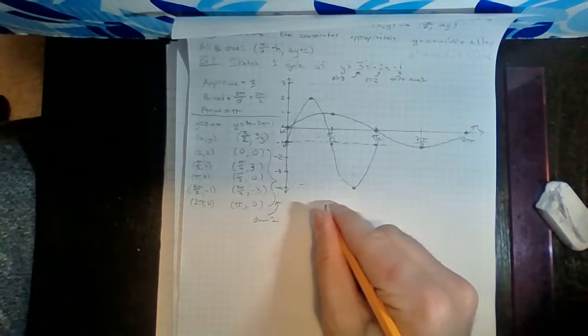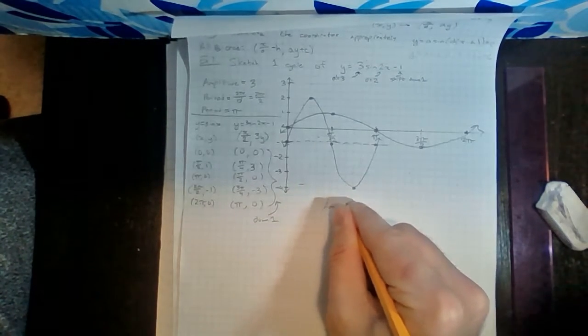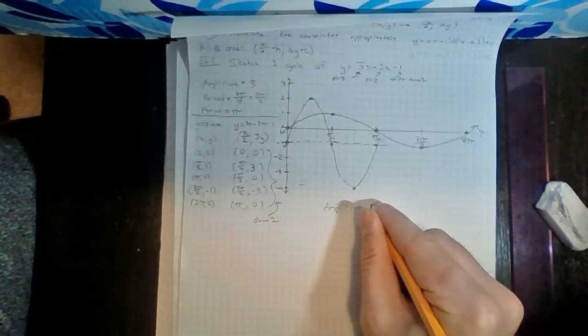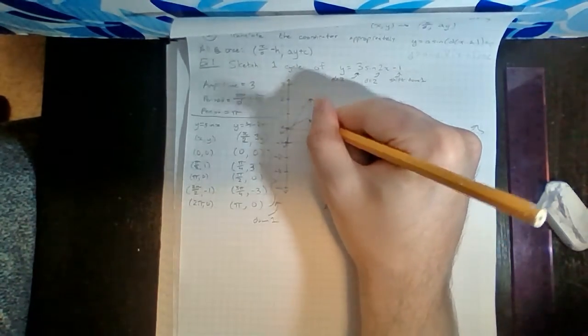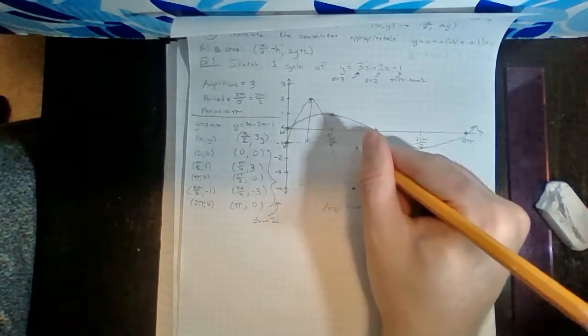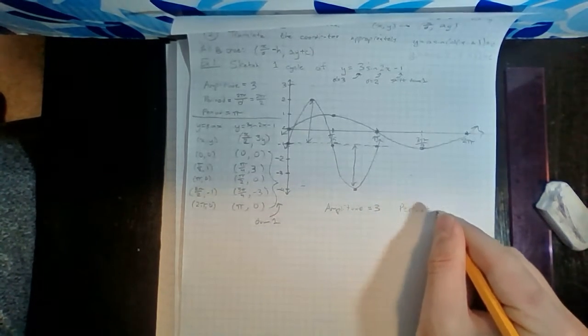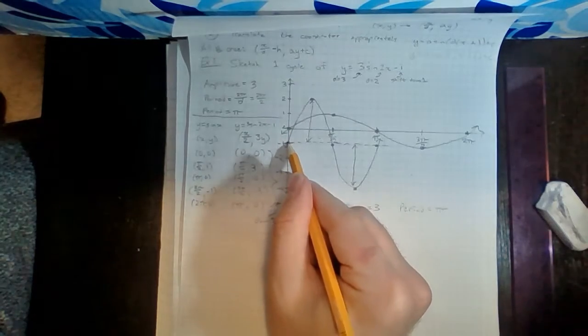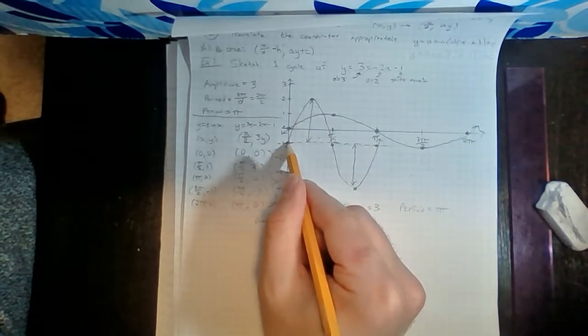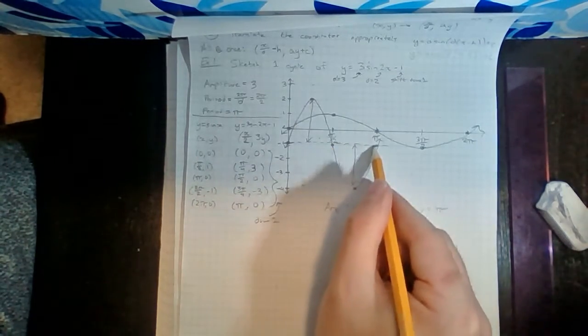So our key features: we already mentioned, we have an amplitude of 3, from our maximum to our axis of symmetry, or from our minimum to our axis of symmetry. That is 3 units. Our period is pi, from the time it takes to complete one full cycle, we've gone pi units in our x direction.